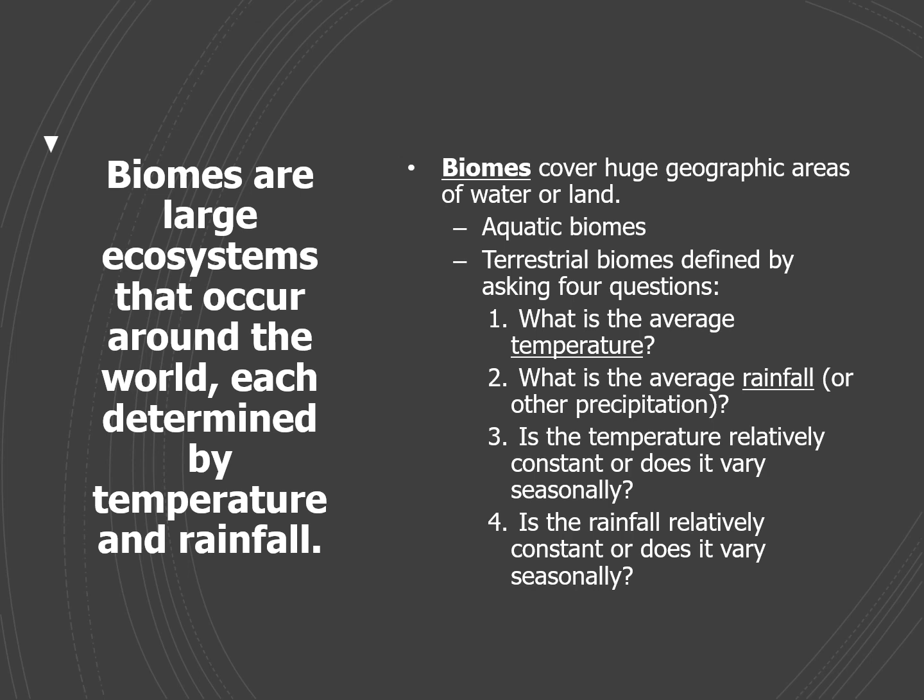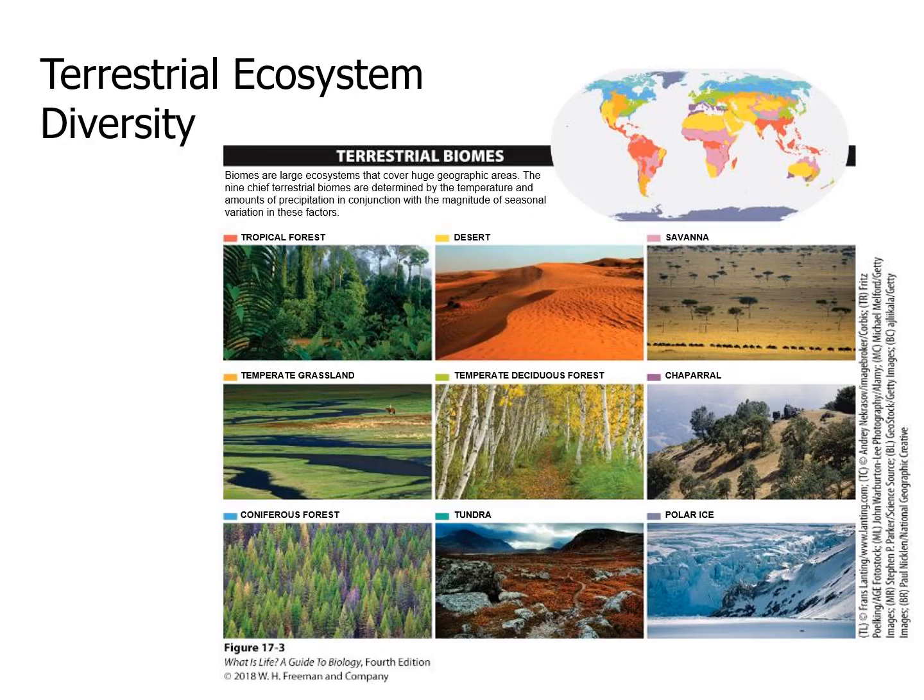So let's go into what are the specific kinds of terrestrial and aquatic biomes. There are 9 terrestrial biomes. They are classified by their average temperature and their average precipitation.